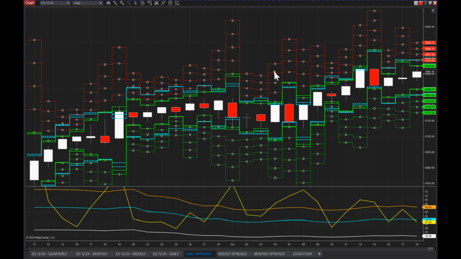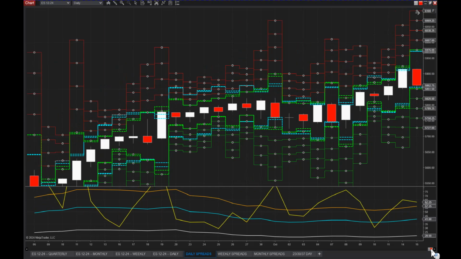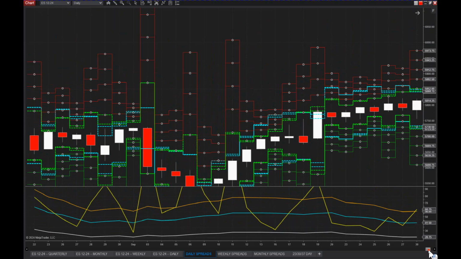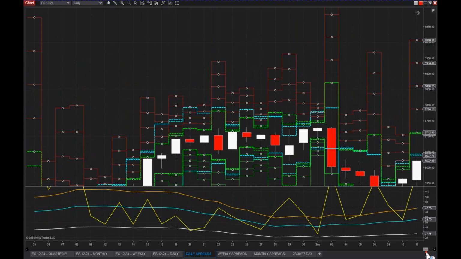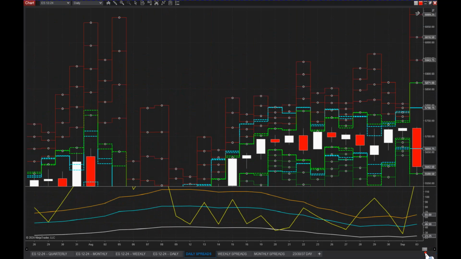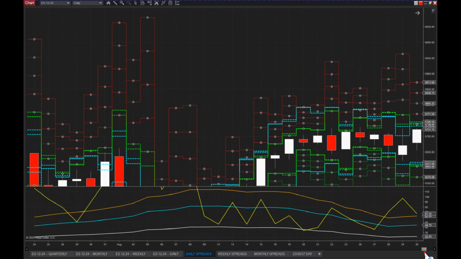The third line is 1.5 times mean to three, which is two times mean to three, but three times the actual range because you count one for the range. 1, 2, 3. So there's your 1, 2, 3 at the end. And that's kind of rare to hit those. But those are the outliers that you want to know where they are in case the market does go for it. We can measure that on multiple time frames.